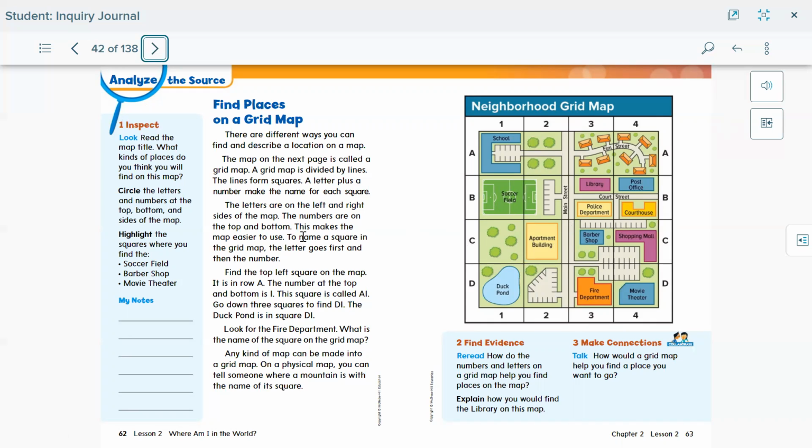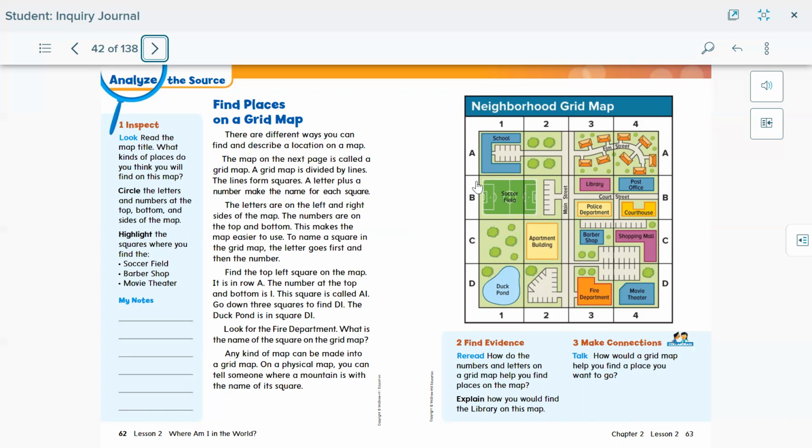This makes the map easier to use. To name a square in the grid map, the letter goes first and then the number. So we're going to say A1, that's a school. B1, that's a soccer field. Find the top left square on the map.